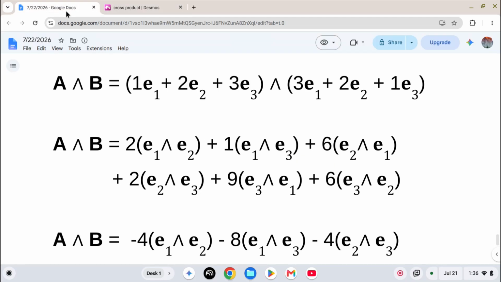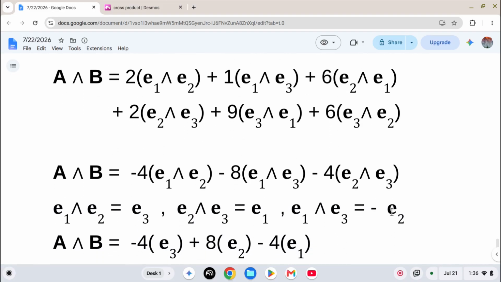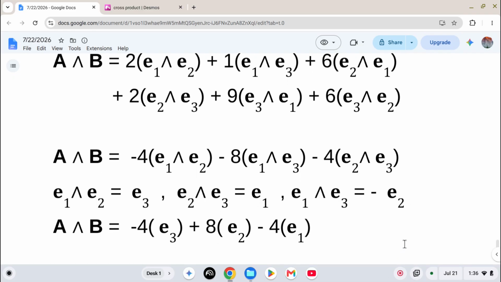So once you know that, then you can just go right back here and fill these in. So this E1 wedge E2 becomes a positive E3. E1 wedge E3 becomes a negative E2. So that negative changes that negative to a positive. And then E2 wedge E3 becomes a positive E1. So this is exactly the same thing we got. We got a negative 4, a positive 8, and a negative 4. Okay? Wasn't that fun? I'll see you later.